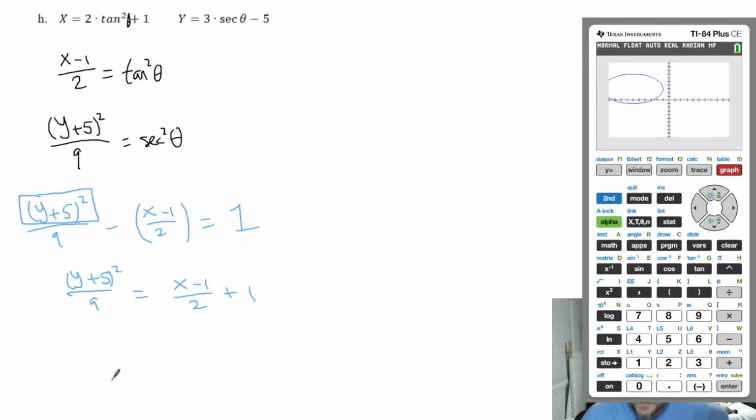Then we have to multiply through by 9. So what is this going to be? I guess it'll be a y plus 5 squared. Now this will just be 1/2 x minus 1. Now that'll be plus 1. But to get rid of this 9, I'll multiply through by 9. So this will turn to 9/2. This will turn to 9.